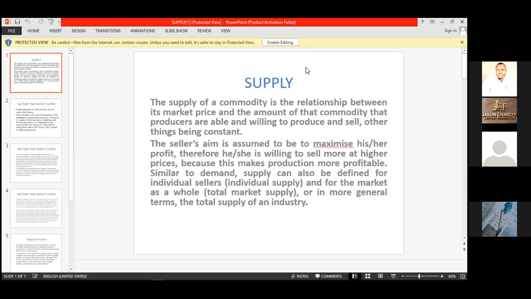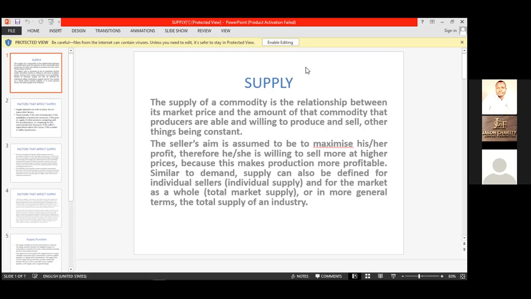If you are talking about the maximization of profits, we are talking about getting the maximum level of profit by producing a certain unit of goods to the market. How do I mean? If I produce 20 units when the price is at 15 naira, I will make a certain profit.